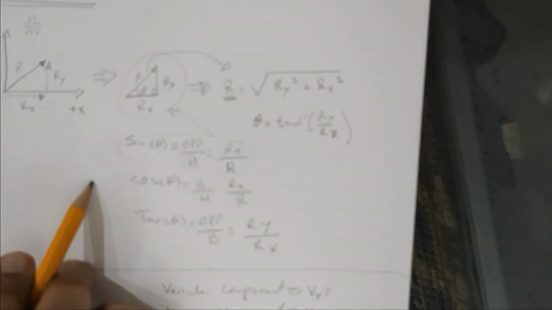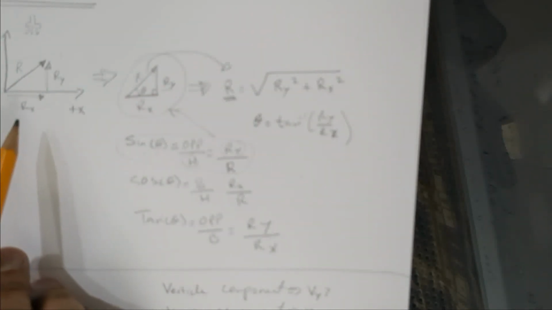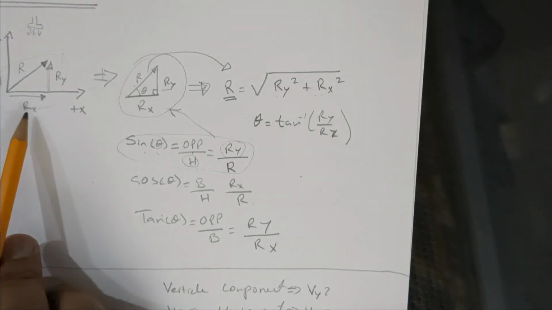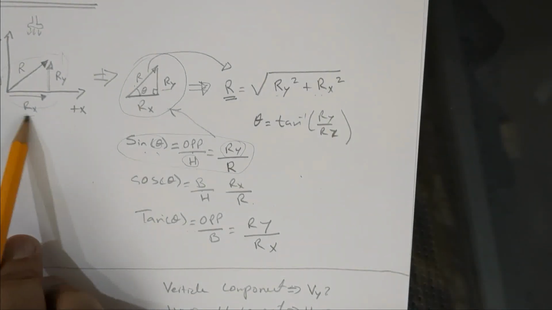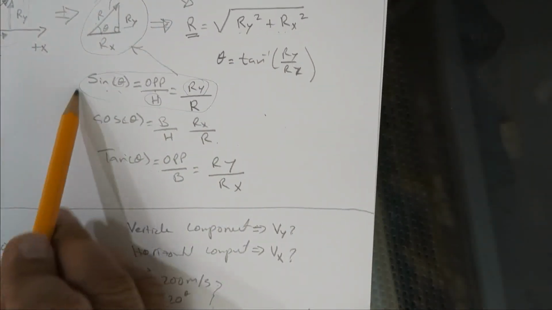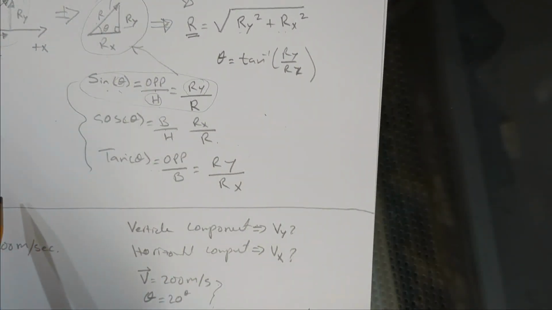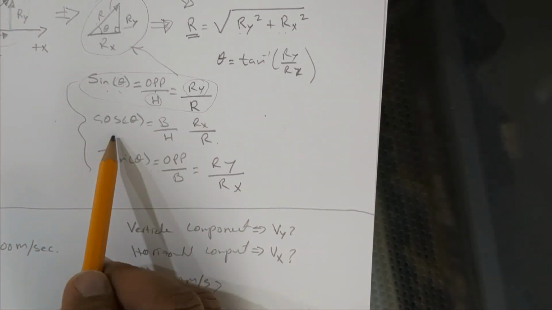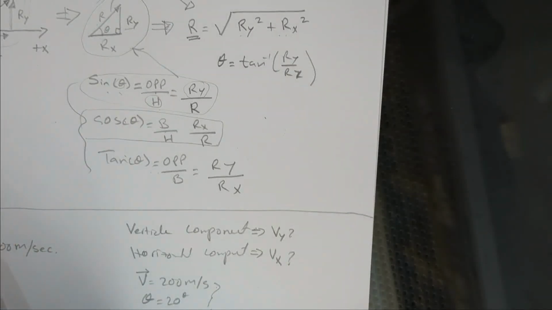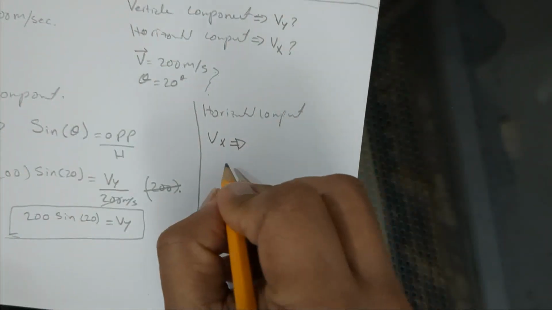So in here, Vx is right here, right? This is the component we're trying to figure out. So from here, which equation can we use to find the horizontal component? Can you guess? Yep, it's this cos equation, right? Using the cos formula. So let's come here and let's write it down.